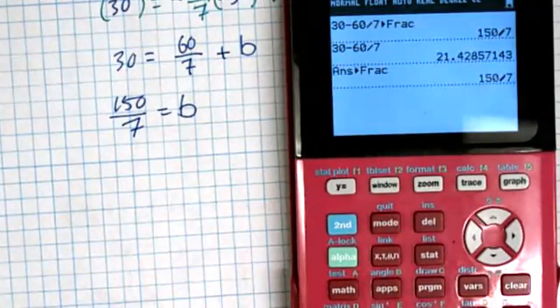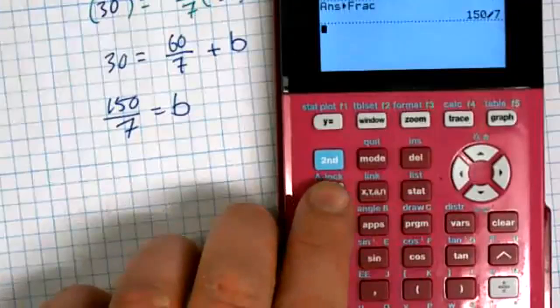Yeah, I think the Casios have a fraction button on them. The TIs do not, as far as I know. Or maybe the 89s do. Oh, and it has a fraction. Where do you find it? Alpha, yeah.